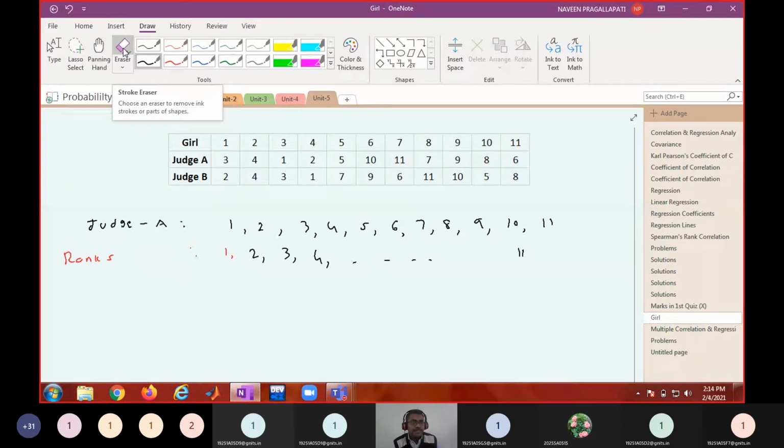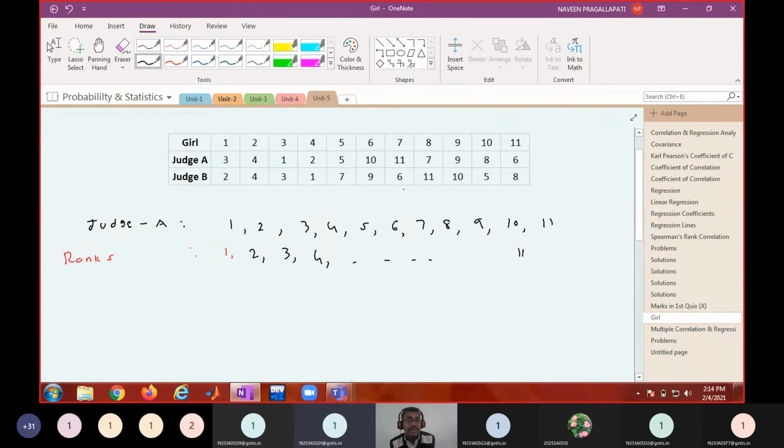Suppose instead of 8, I give 7 here also, then you have to take the average of the positions. If the ranks are all distinct, then there is no problem at all. Is it clear?